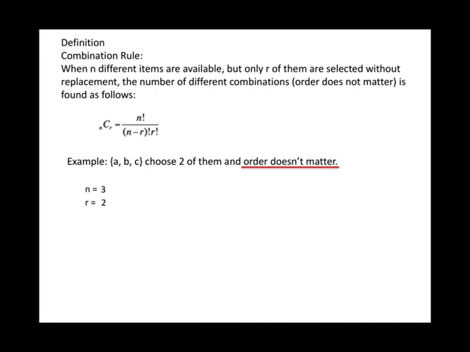Order doesn't matter, which means AB will be equal to BA. So we're going to use the combination. You could plug in the formula or you could just use your calculator. That will be equal to 3. So we have these 3 choices: AB, AC, or BC.